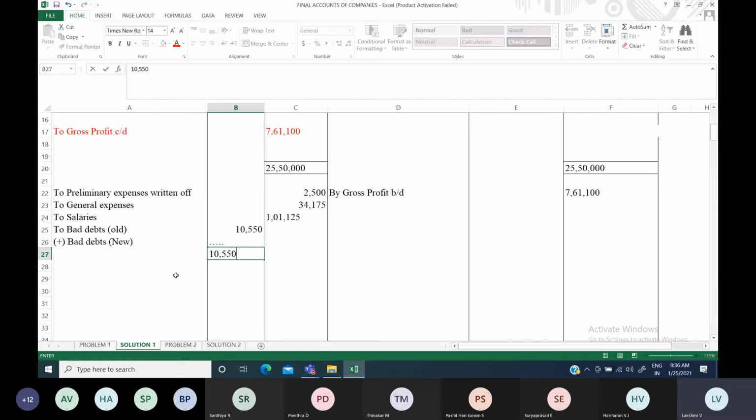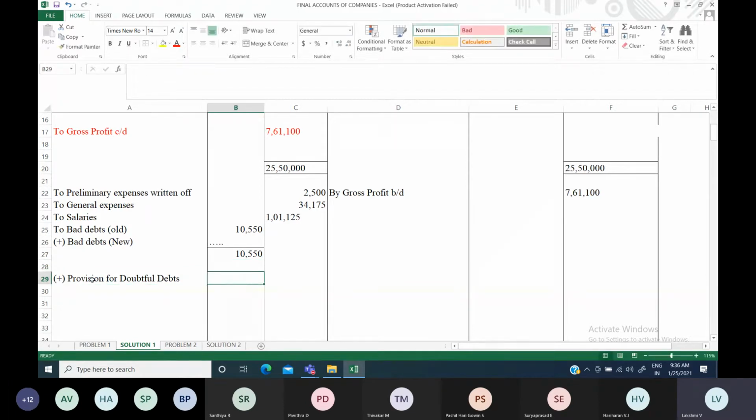Okay. So next we are moving to the other items. Bad and doubtful debts actually. Provision for doubtful debts. Sometimes they will give reserve for doubtful debts. So accordingly, as per your problem, you just mention that one.